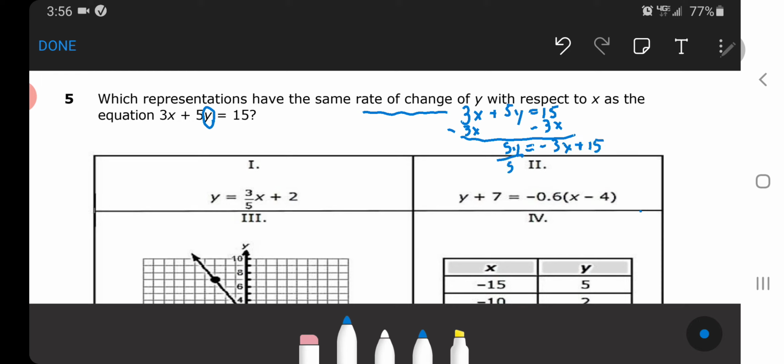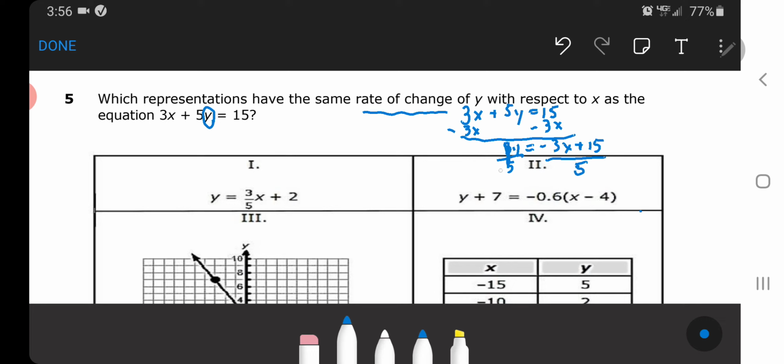Lastly, let's divide by that 5. We have to divide by 5 on this side of the equation, but we must divide everybody by 5. So 5 goes away because 5 divided by 5 is 1, so we get 1y.